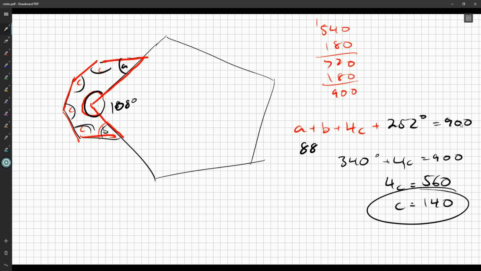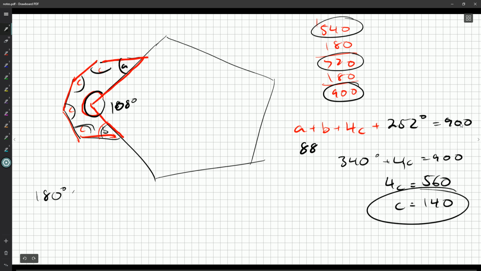Now, how could we work out what n is? There's probably a couple ways you can do it. One, you can memorize a formula for this 900 and this 720 and this 540. It's 180 times n minus 2. So that's the sum of the interior angles. Notice that if I take n equals 3, you get my first 180. If I take n as 4, that leaves 2, 2 times 180. So you get the ones that we already know.